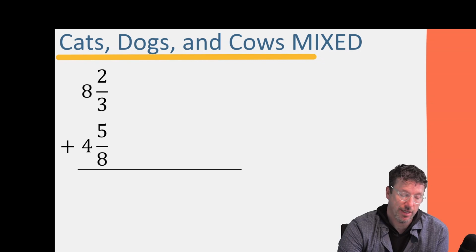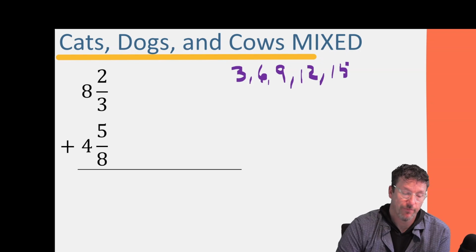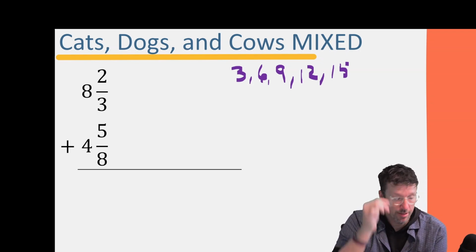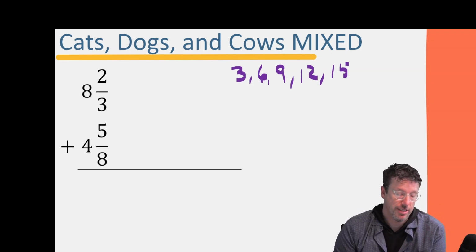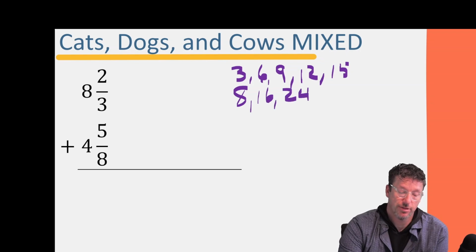So the first number we take is the 3, and we find its multiples. So we say 3, 6, 9, 12, 15. Right? We can do that. And then we take the bottom, which is the 8, and we multiply by that until we see something that they have in common. So 8, 16, 24, still don't see anything, 32, and 40.